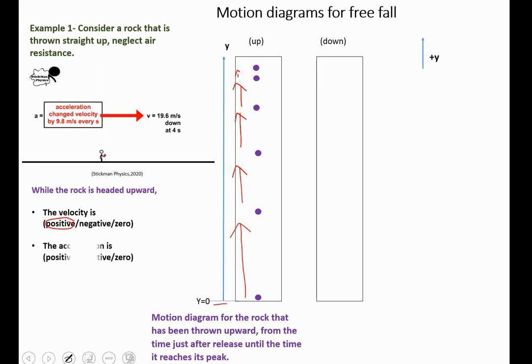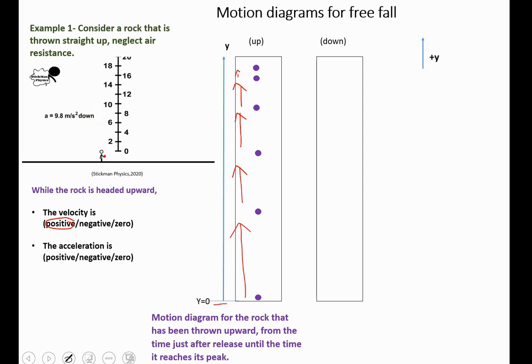And then, how about the acceleration? Is it positive, negative, or zero? The acceleration due to gravity is always downwards, and based on the coordinate system, the acceleration should be negative.